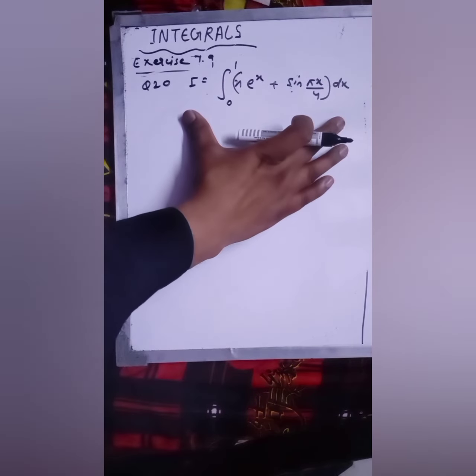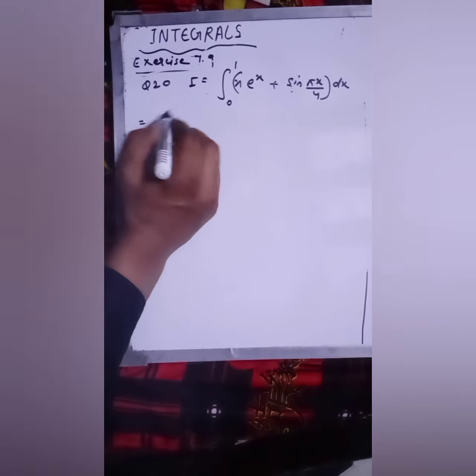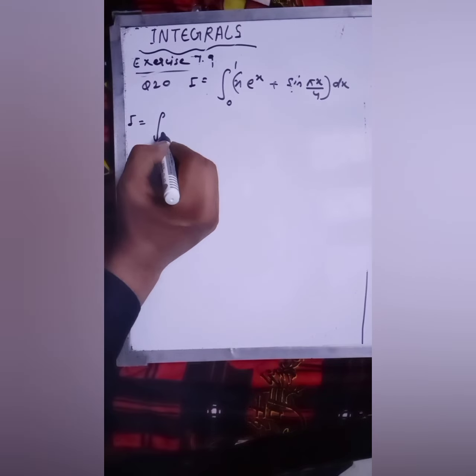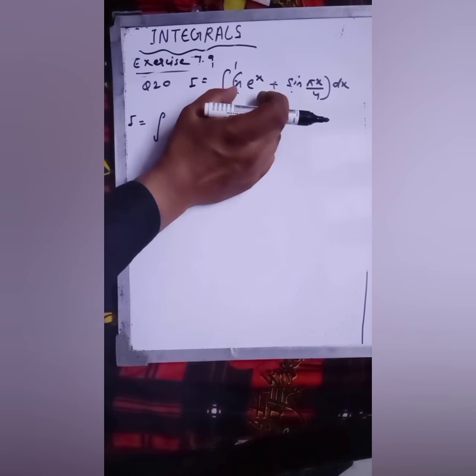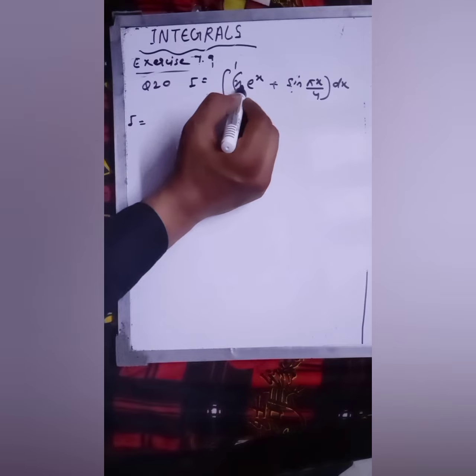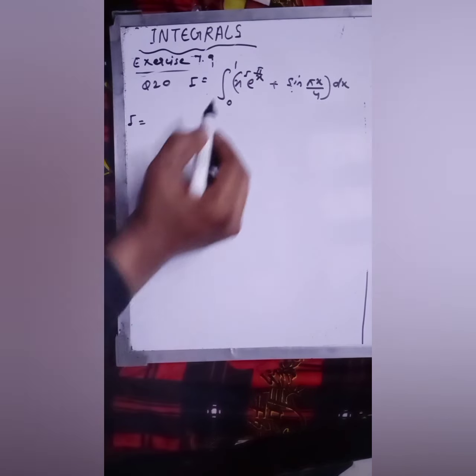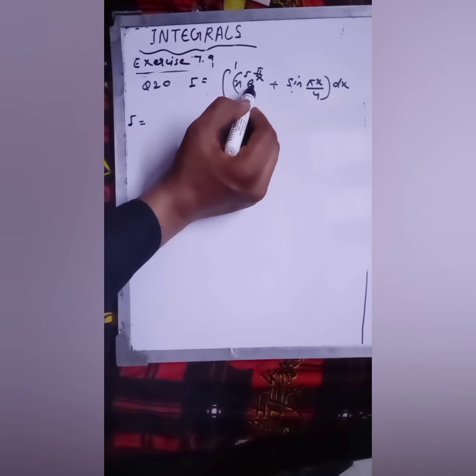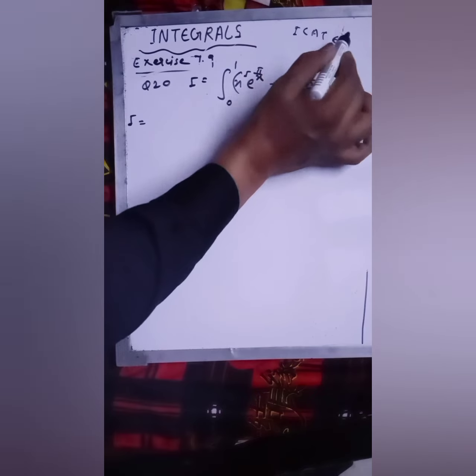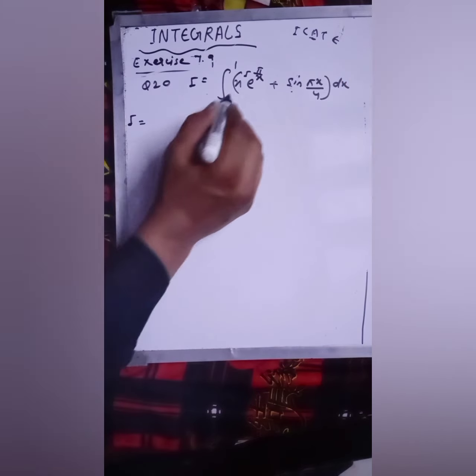So this question is given to us and we have to find the integration of this. Your I is equal to, and here we have to apply integration by parts. This is your first function and this is your second function. This is an algebraic function and this is an exponential function. So using ILATE, as you know, the algebraic function comes first.